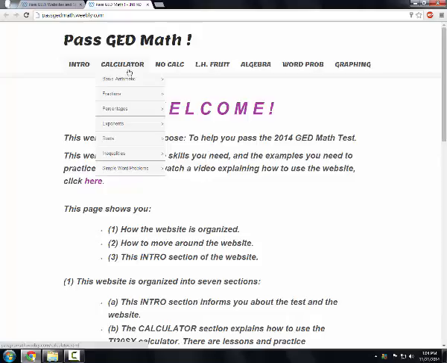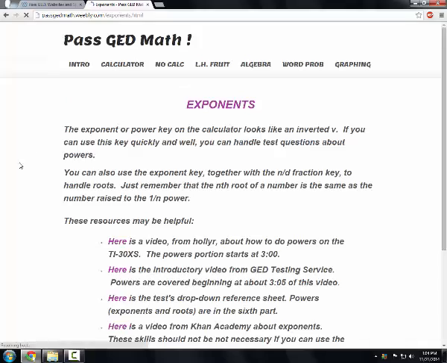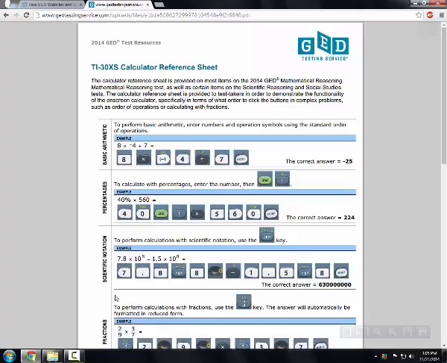Let's look, for example, at the exponents page. And here you can see links to videos and other lessons, not so much about the arithmetic, but about how to use the calculator. Here in particular, I'm clicking so that you can see the calculator reference sheet that's actually part of the test itself.